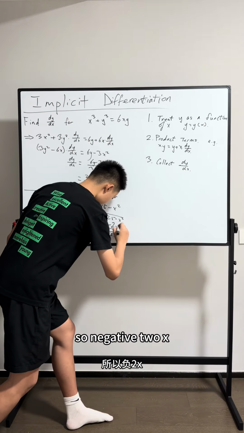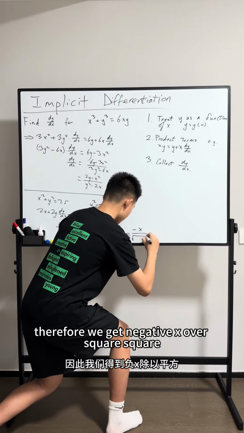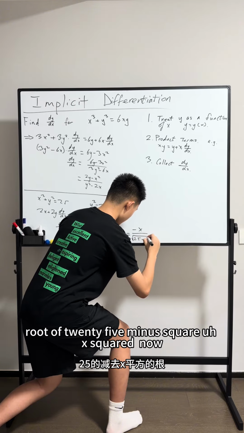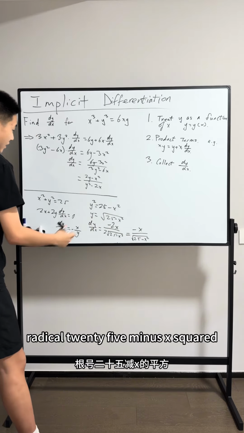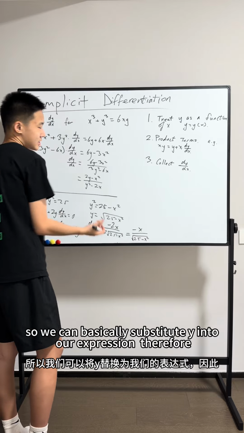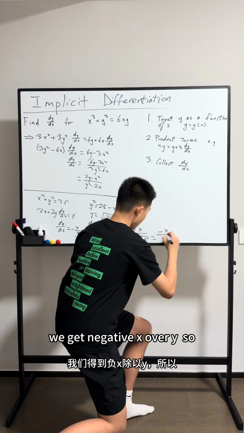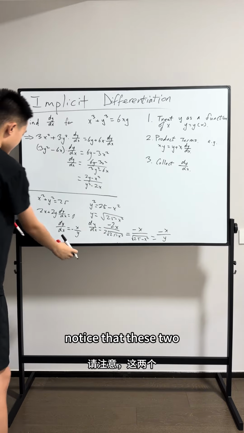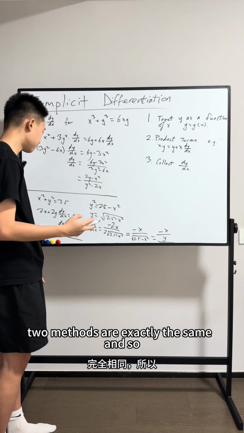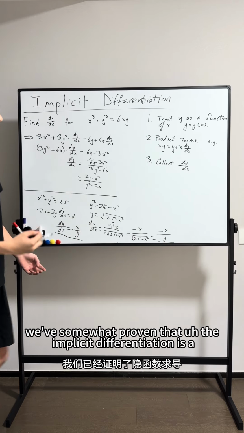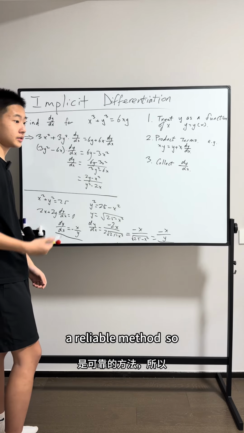We further simplify this and get negative x over the square root of 25 minus x squared. Now, notice that y is equal to the square root of 25 minus x squared, so we can substitute y into our expression. Therefore, we get negative x over y. Notice that the two derivatives we get from the two methods are exactly the same. And so we've somewhat shown that implicit differentiation is a reliable method.